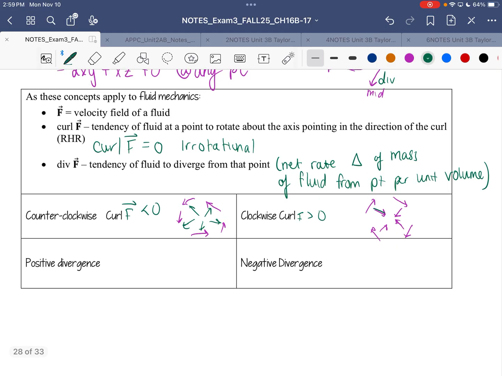My purples are supposed to be the curl, by the way. And then our divergence, a positive divergence is the source, and a negative divergence is a sink.